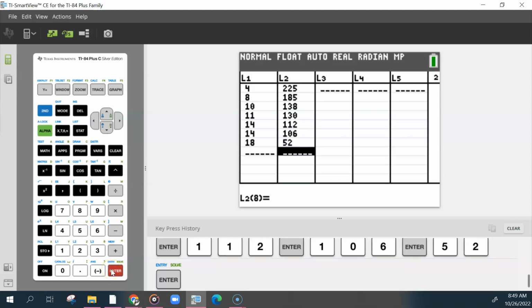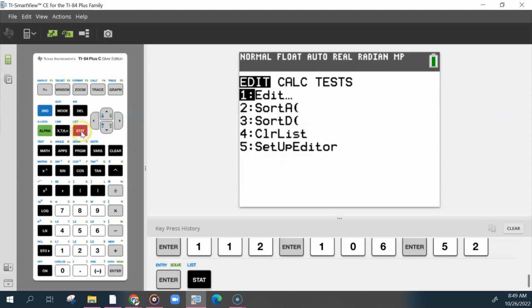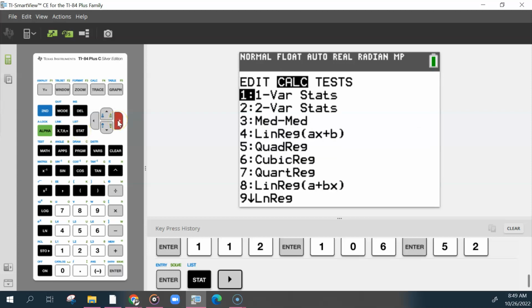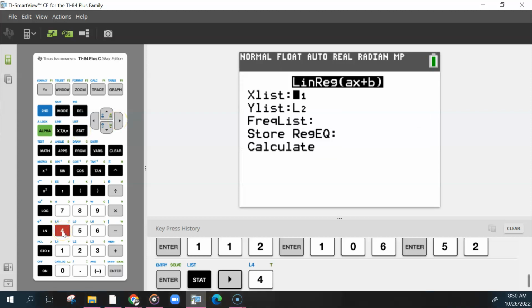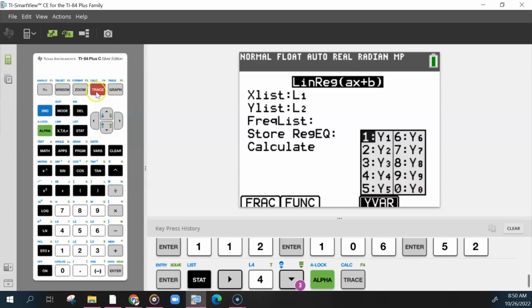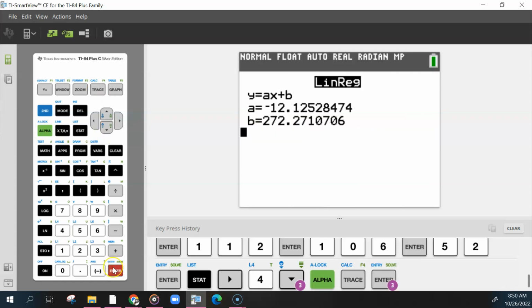To put your data into stat edit, if you just started, you may not be on the same pace as I am. I'm going to keep going, but if you need me to go back to something, just let me know. Then stat, scroll over to calculate, number 4. You should be scrolling down to store regression equation, hit alpha trace, and enter until your screen changes.